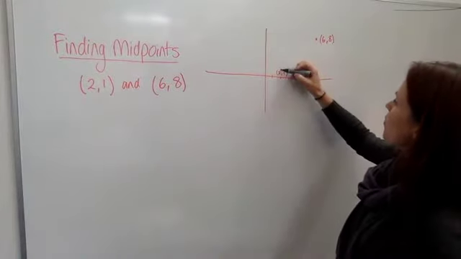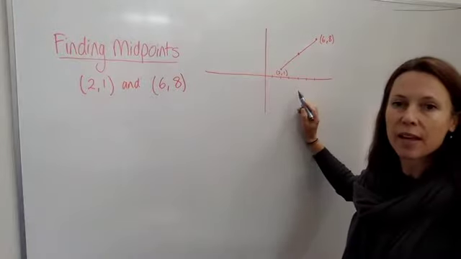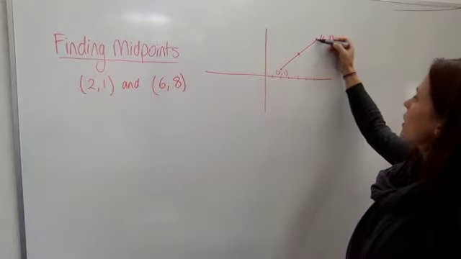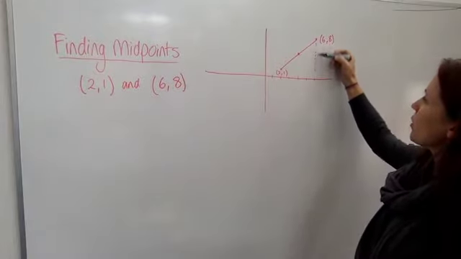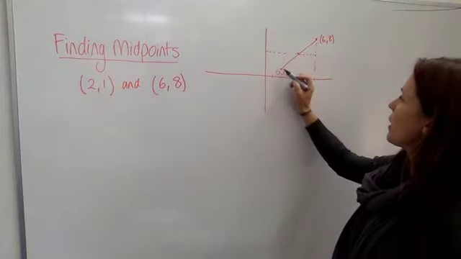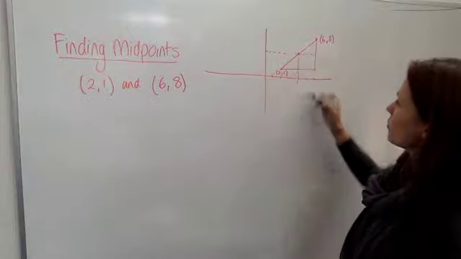Then to find the midpoint between them, it makes sense that if you were to find the midpoint of a diagonal, then you're basically finding the midpoint vertically of that middle point, and at the same time you're finding the middle of the horizontal.